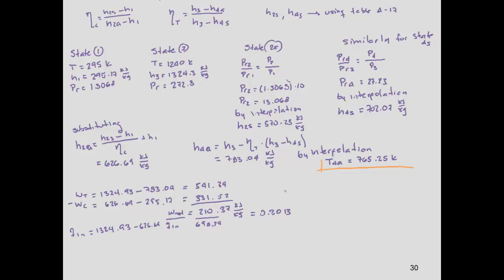So these are our two values: net work will be 210.37 kilojoules per kilogram, while the thermal efficiency is 30.13%.